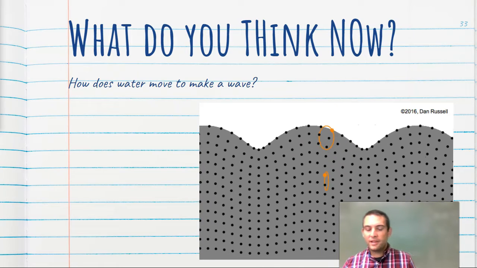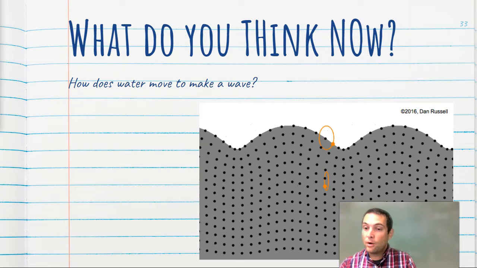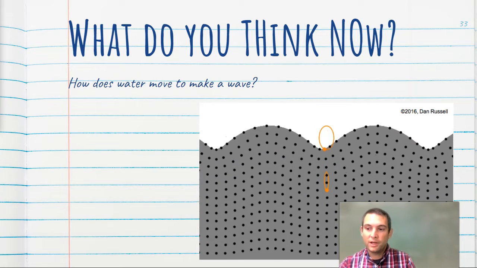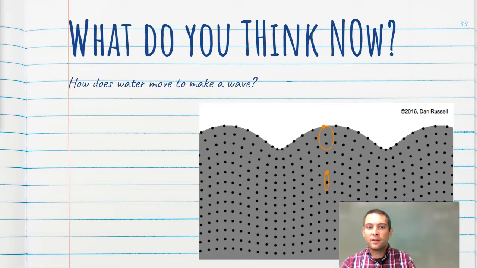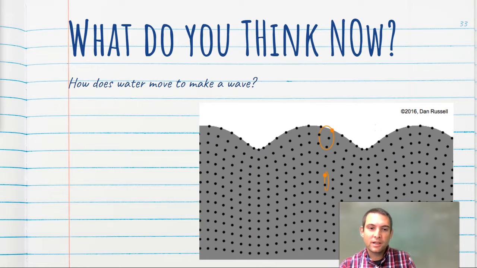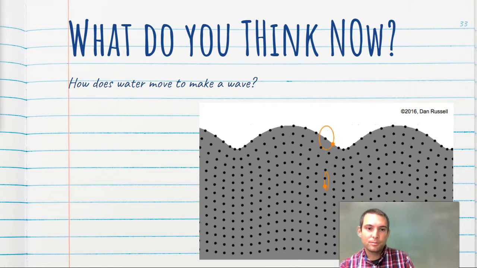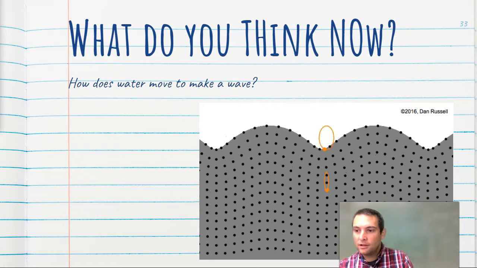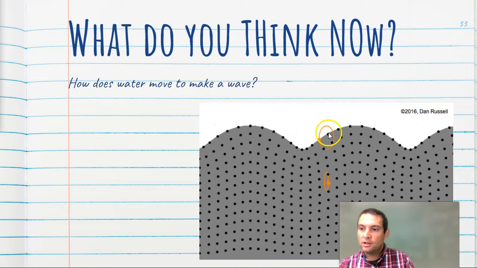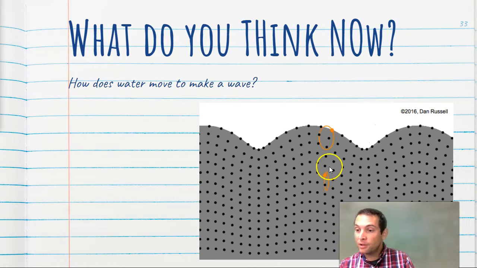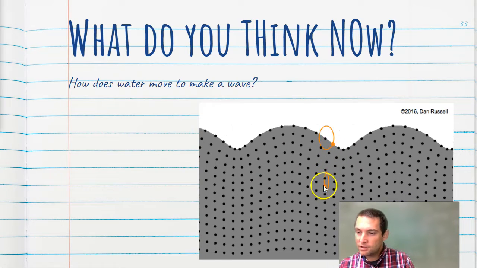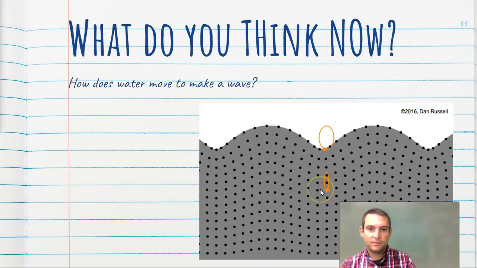So, what do you think now? How does water move to make a wave? Water molecules are loosely bound to one another, and when one is pulled upward, it exerts a force on its neighbors, pulling them upward as well. Notice the orange circle is a lot larger, but the water molecules below it are moving in a smaller circular pattern.